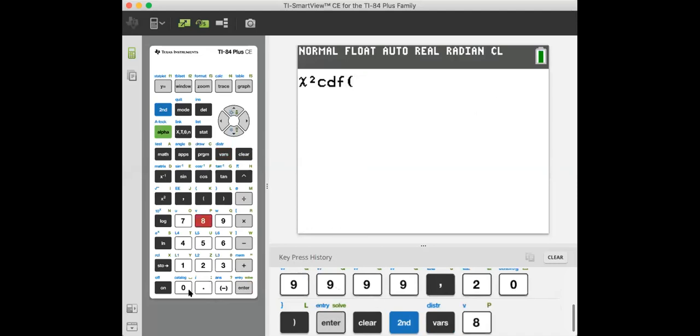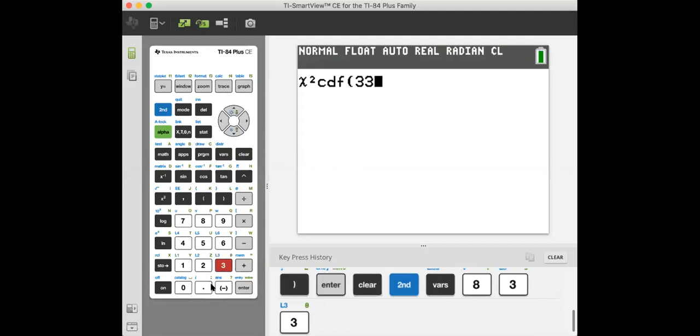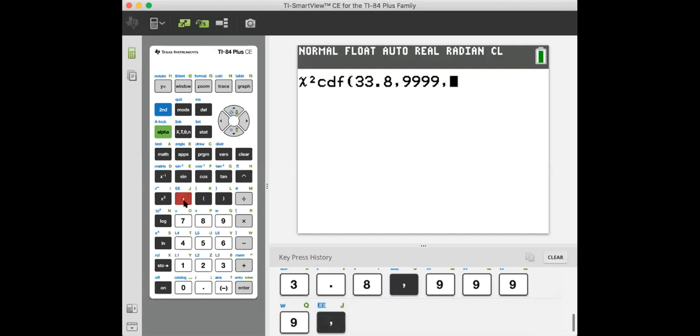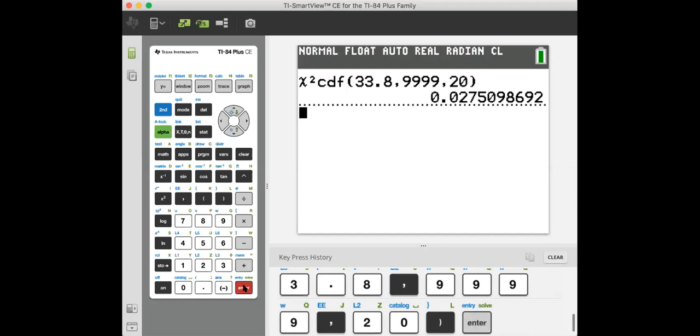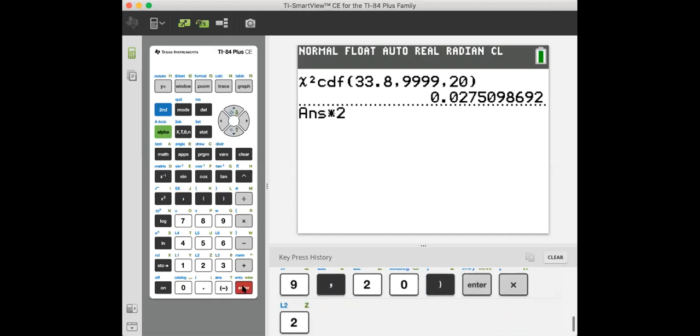And we have to start at the test statistic since we're on the right, 33.8, comma, and then we go to a large positive number, 9999, and then we need to put in the degrees of freedom since chi-squared has degrees of freedom, 20, sample size minus 1, and we hit enter and we get 0.0275. Then we would have to multiply that by 2. And that gives us 0.0550.